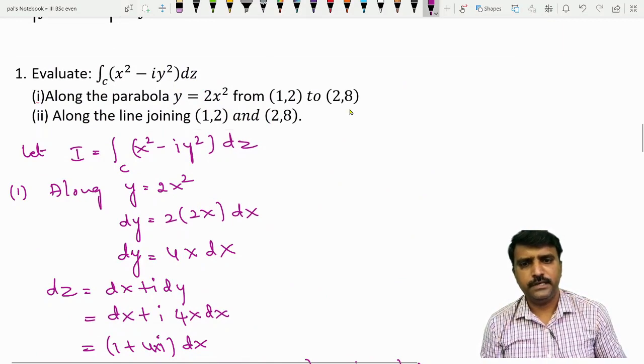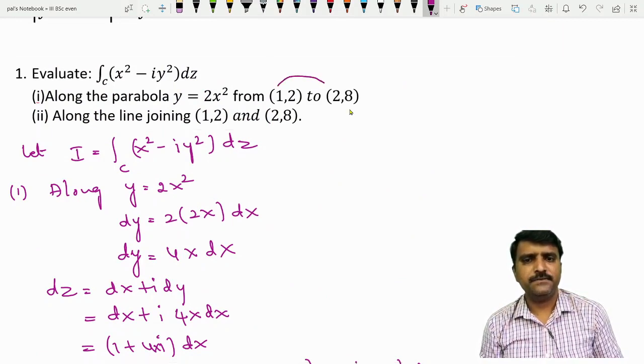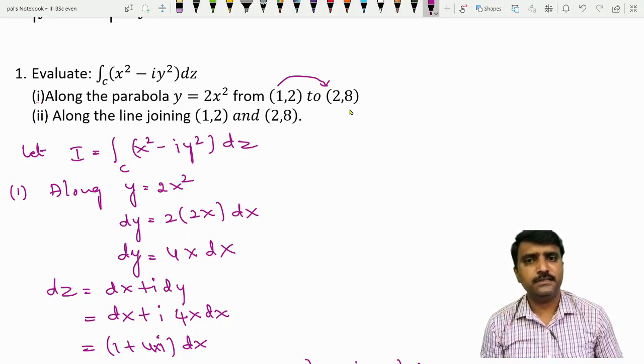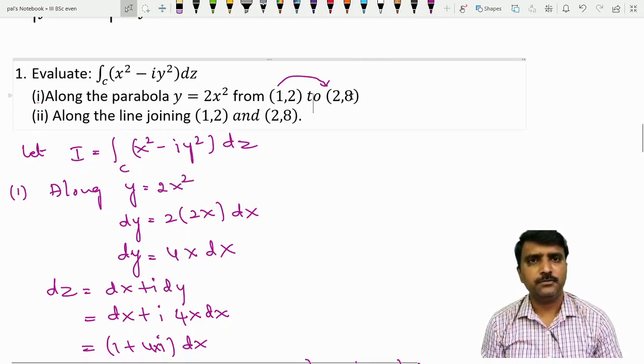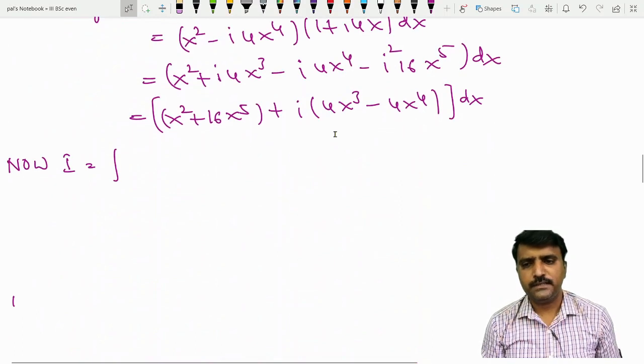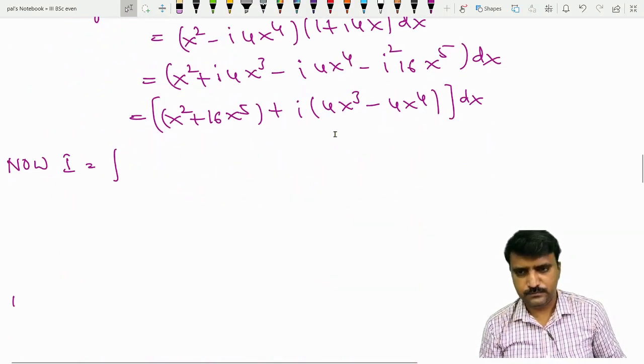If we had changed everything to y, the limits would have been 2 to 8. But since everything is changed to x, we have to take the limit from 1 to 2.